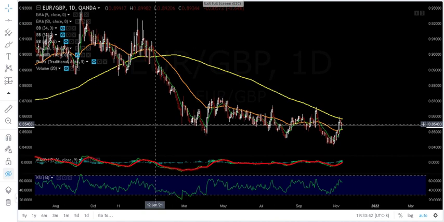So on a daily, okay, so the 200 is over the 50. It's a downtrend. Now we just had a cross.